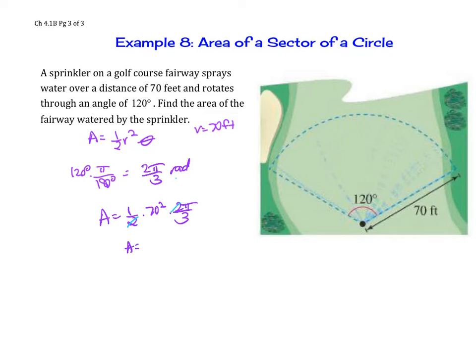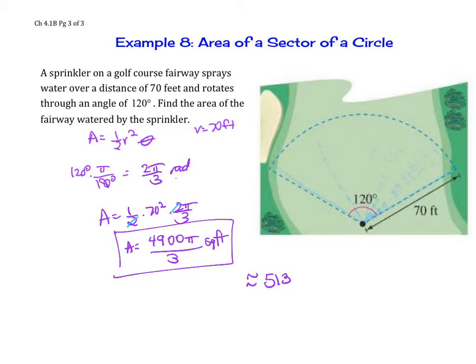So we have A equals 70 squared, that's 4,900 pi, all over 3. That would be an okay answer, 4,900 pi over 3 square feet. And if you have to plug it in the calculator, because that's what WebAssign is looking for, then you would get 5,131 square feet.